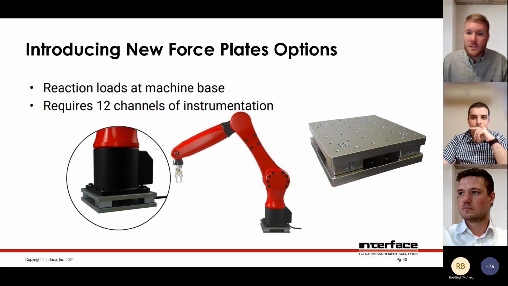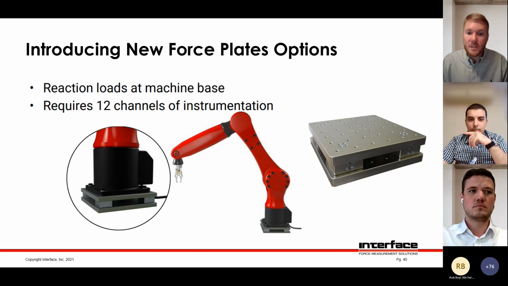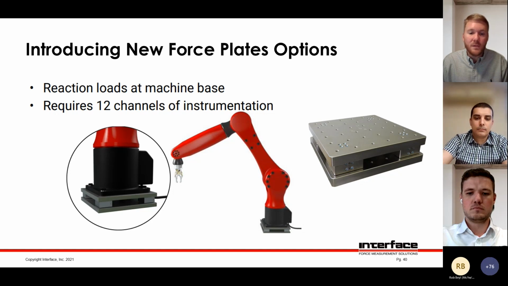But a force plate is a system with multiple multi-axis sensors mounted between 2 plates, larger capacities than a single 6-axis. It's able to react to high moments. The results are dependent on the characteristics of the plates and other system components, and they can be difficult to calibrate.